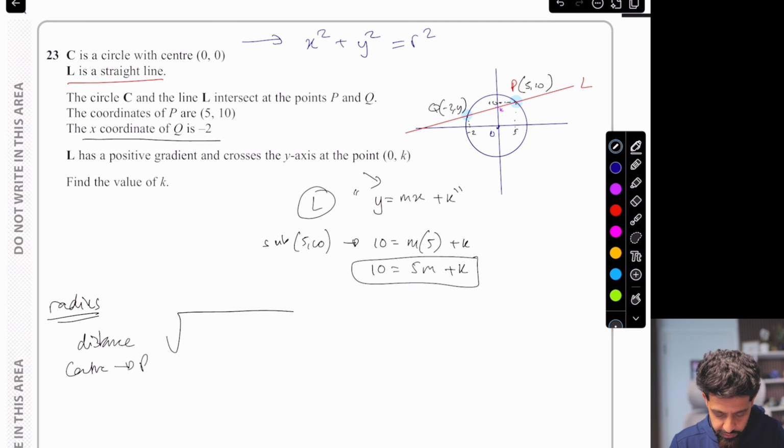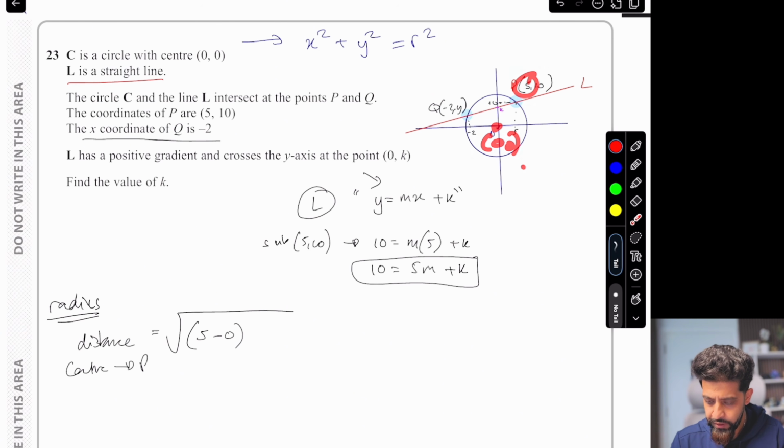So it's your x, which is 5, minus 0, squared, plus the y coordinates, 10 minus 0, squared.